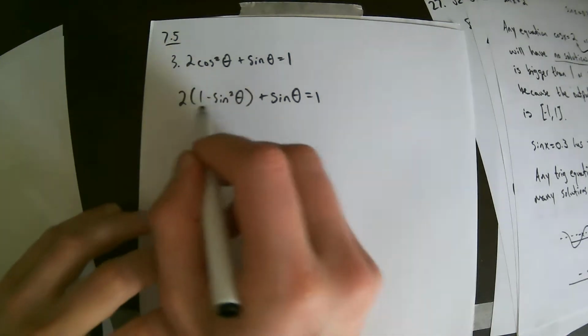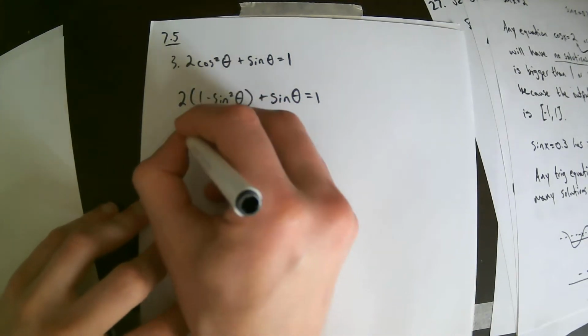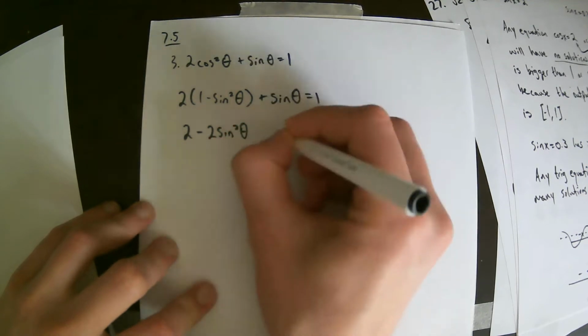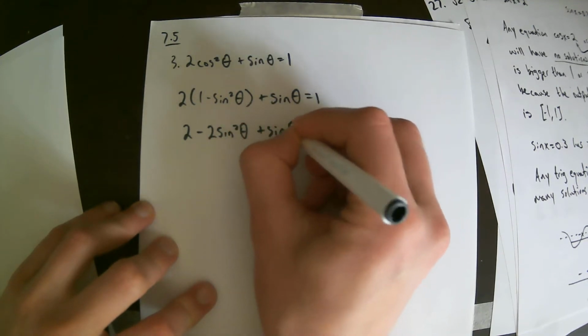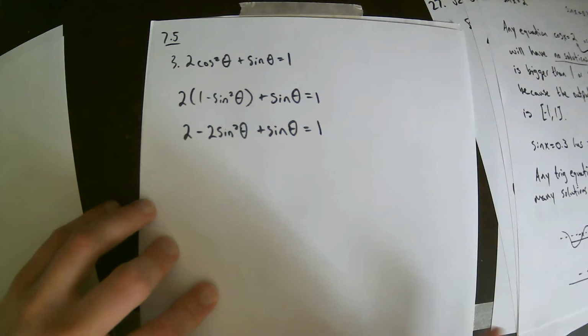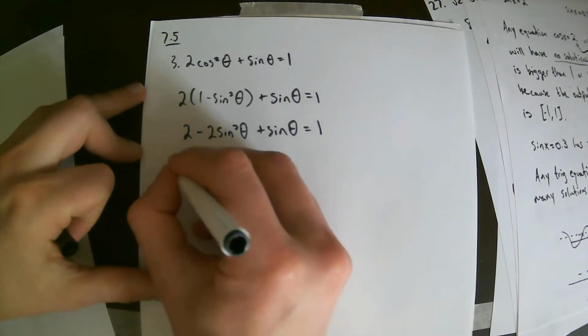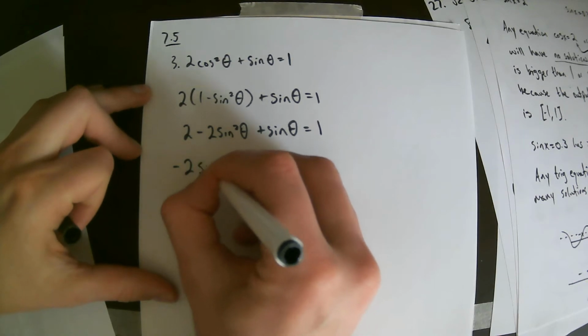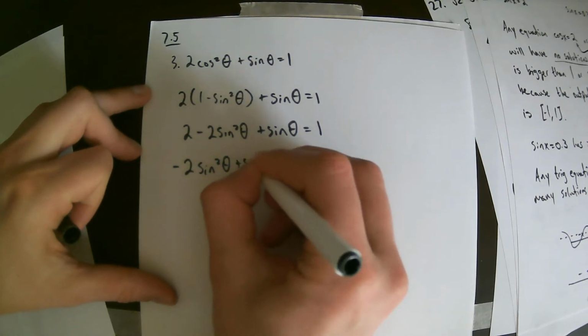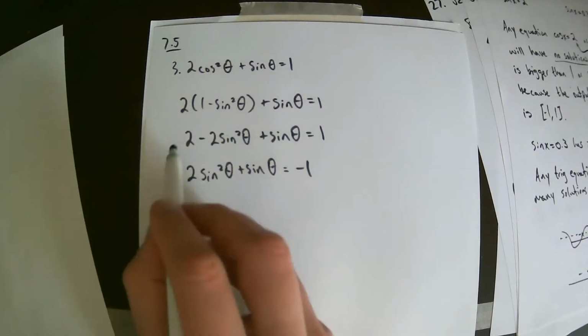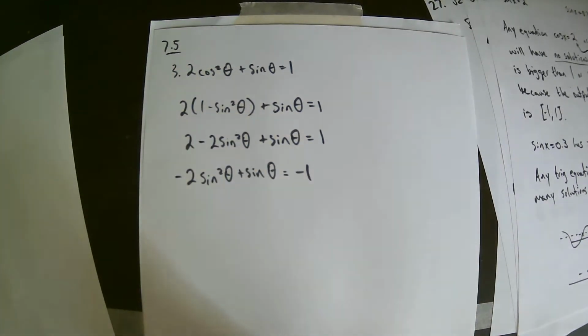And now everything is in terms of sine, and I can distribute, so 2 minus 2 sine squared theta plus sine theta is equal to 1. And then I can reorder this, say negative 2 sine squared theta plus sine theta is equal to negative 1, subtracting this 2 over.